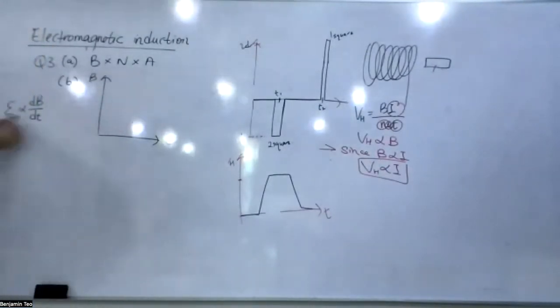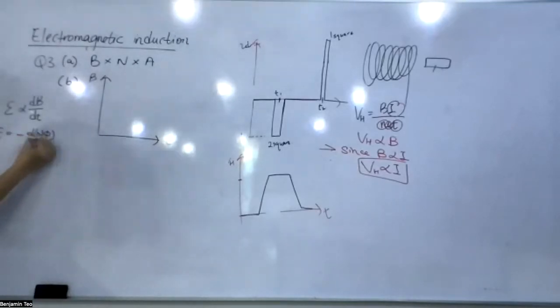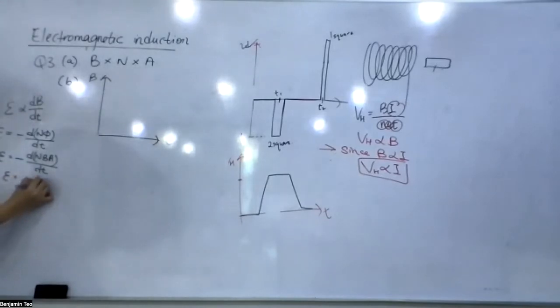If I want to write the exact equation, this is EMF equals minus N dΦ/dt. Okay, so this is the exact equation.